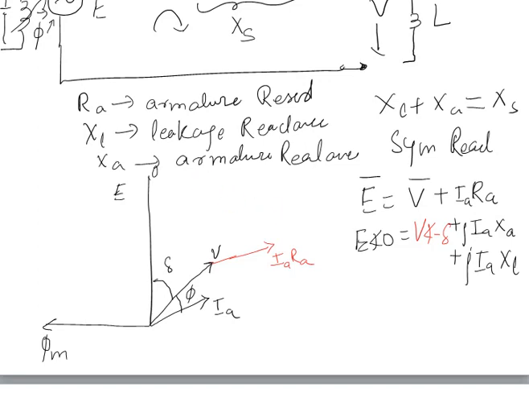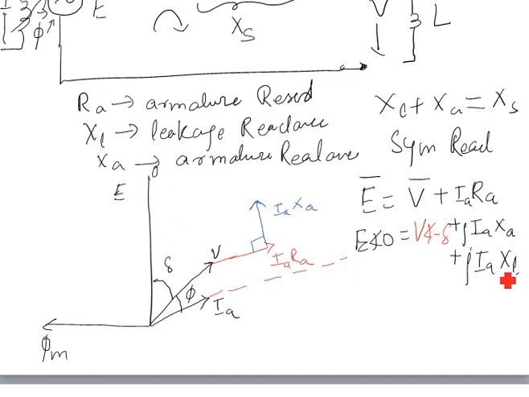So I am drawing it here, this is IA XA. This is perpendicular to IA, and these are parallel lines.